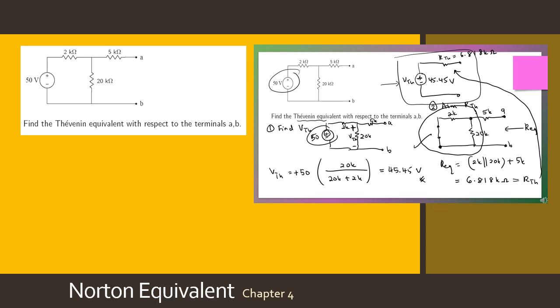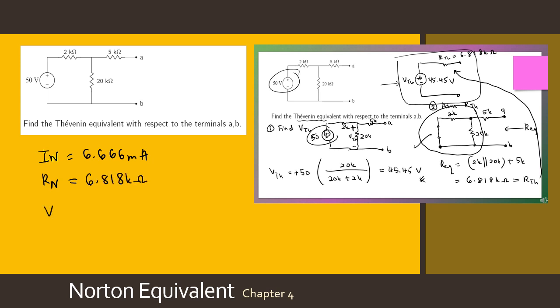Okay, just now we have the I Norton, which is equal to 6.666 milliampere, and R Norton is equal to 6.818 kilo ohms.